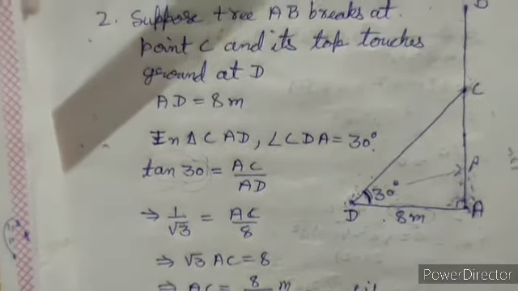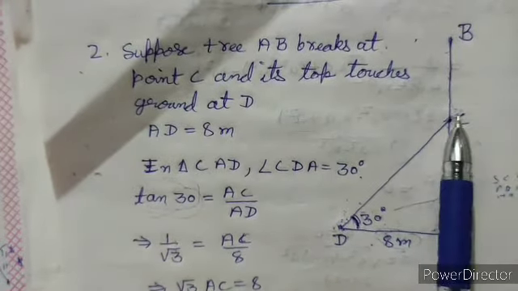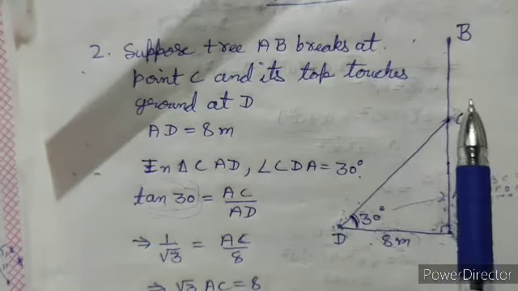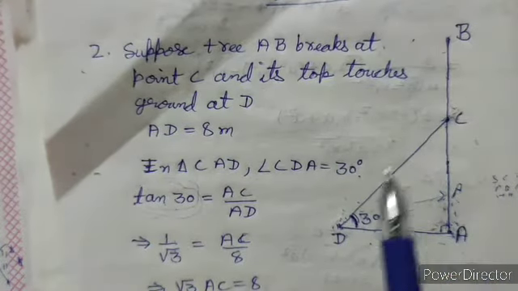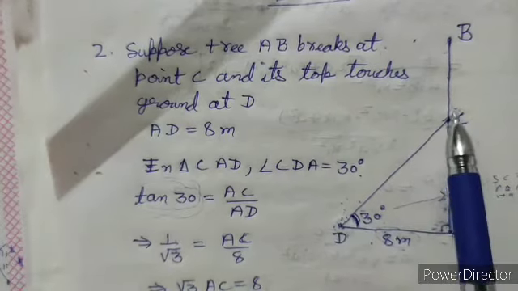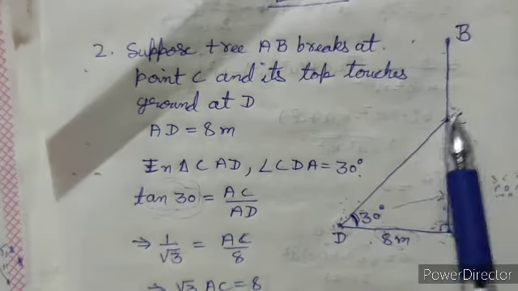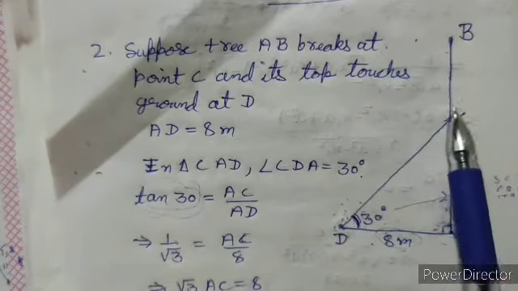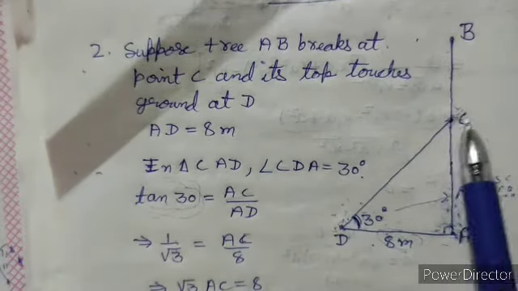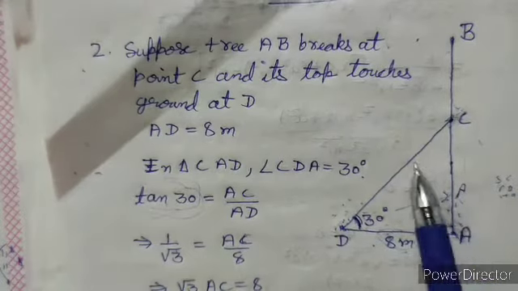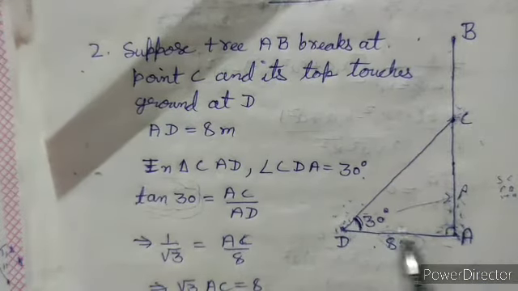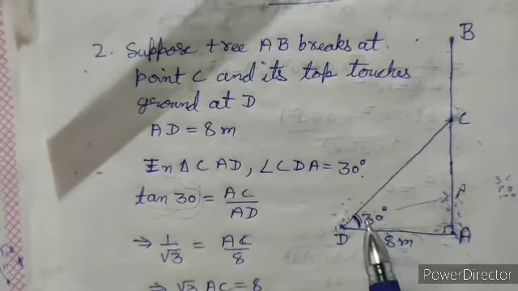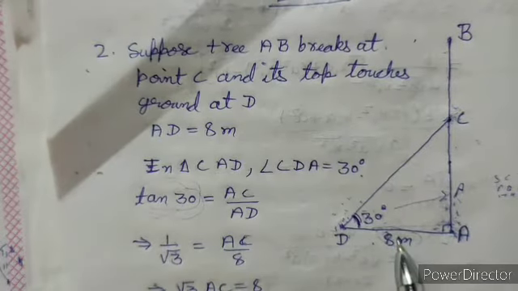Now, after finding AC, we need to find the value of CB, and as we know, CB will be equal to CD, as after breaking at C, the top B touches the ground at D. So we can say that CB is equal to CD, and here CD is the hypotenuse of triangle CAD, and the base for 30 degree, that is 8 meters, is given to us.